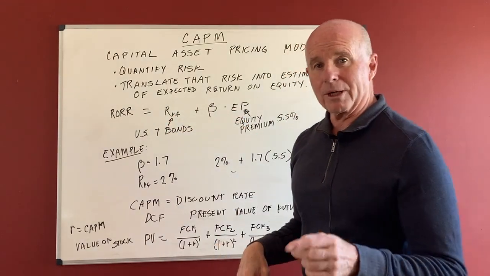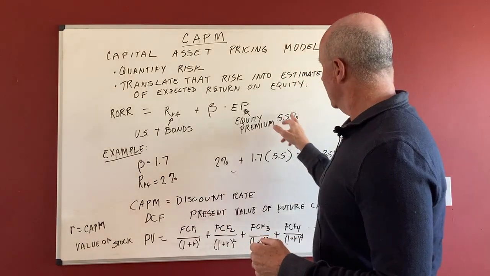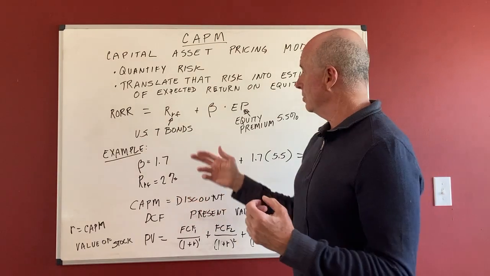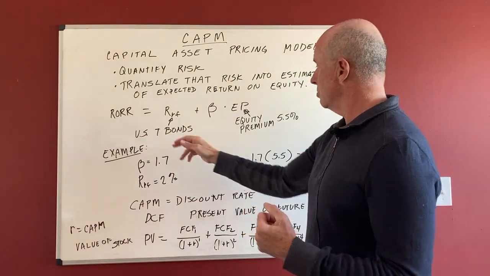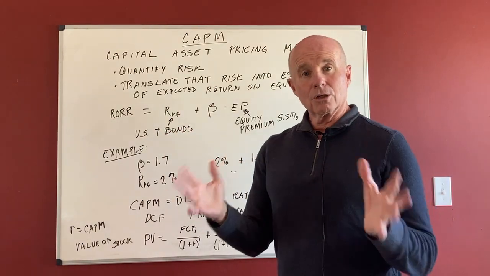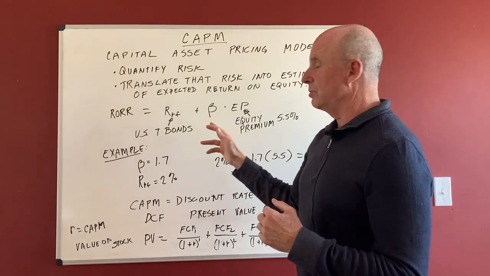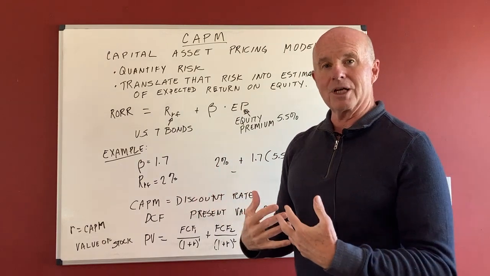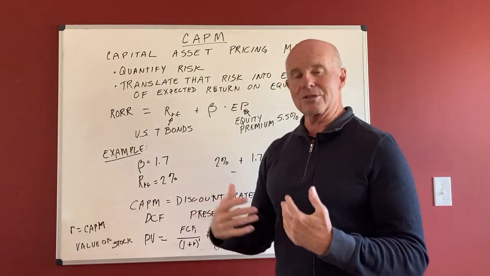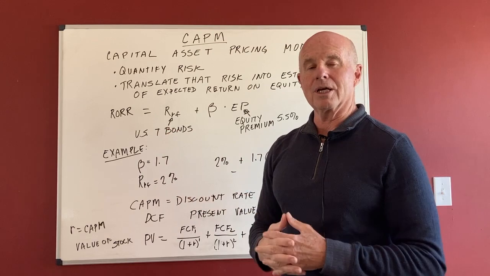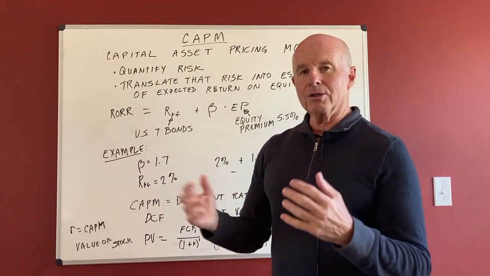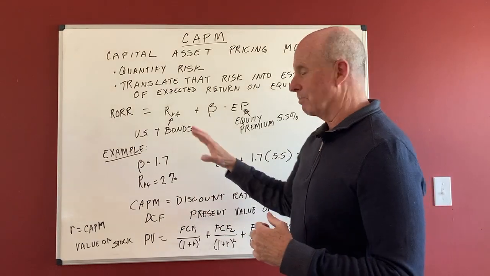Remember we talked before about the equity premium, right? And we said that that's around 5.5%. Your assumptions on both the T-bonds, the Treasury bonds, and the equity premium could be different. But as long as you explicitly say what your assumptions are, then other people can understand where you're coming from in your calculations. And those numbers could then be bought into, or argued about, bantered about, until you come up with things that people agree on.